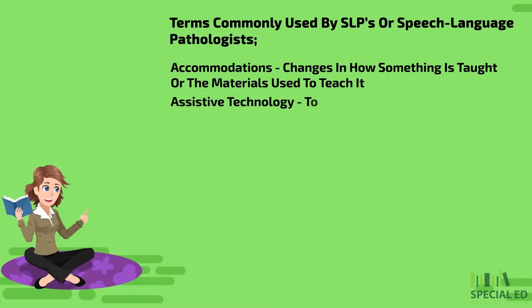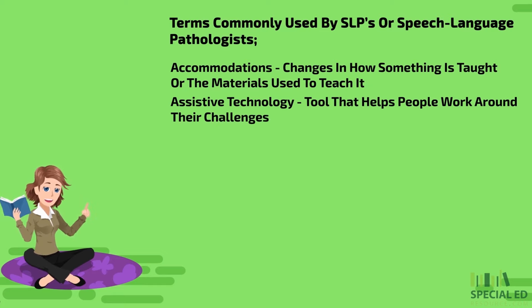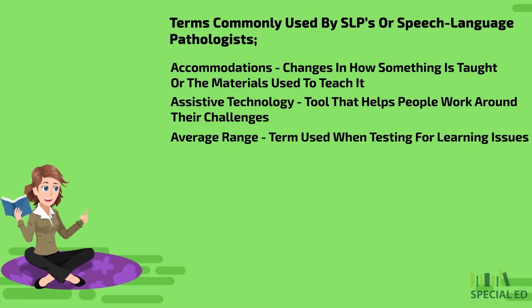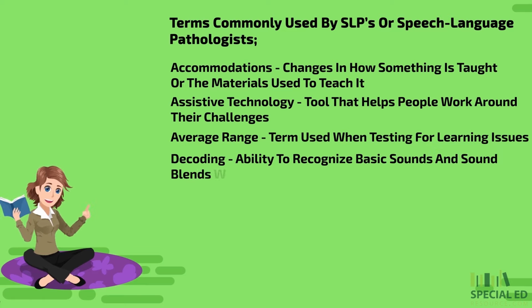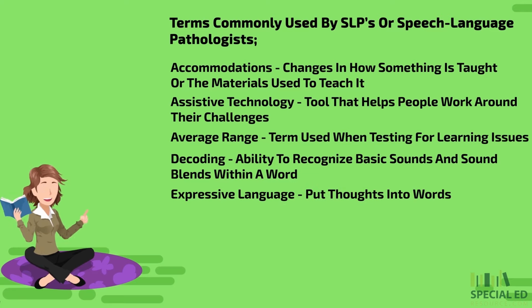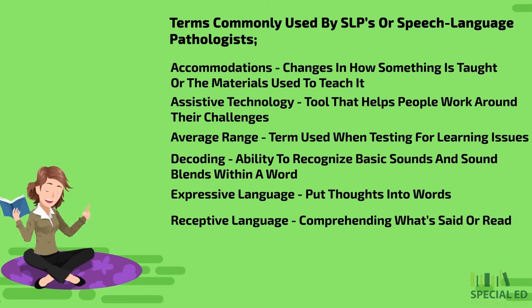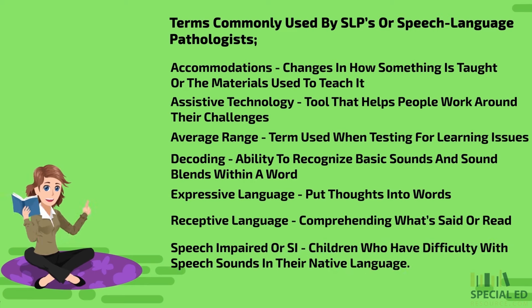Assistive technology is a tool that helps people work around their challenges. Average range is a term used when testing for learning issues. Decoding is the ability to recognize basic sounds and sound blends within a word. Expressive language is putting thoughts into words. Receptive language is the ability to comprehend what's said or read. And finally, speech impaired, or SI, is a term used for children or adults too who have difficulty with speech sounds in their native language.